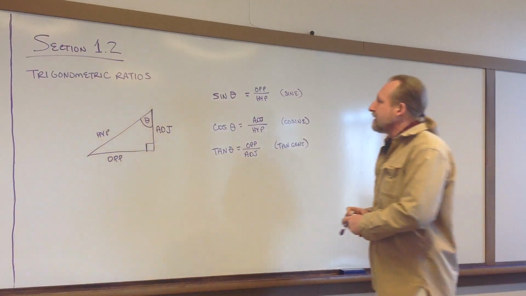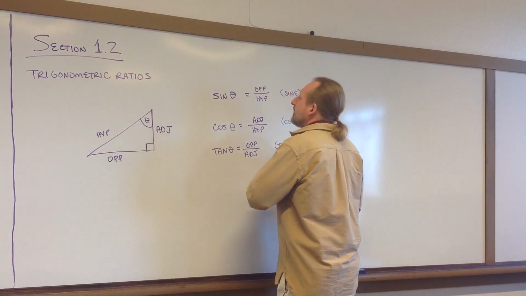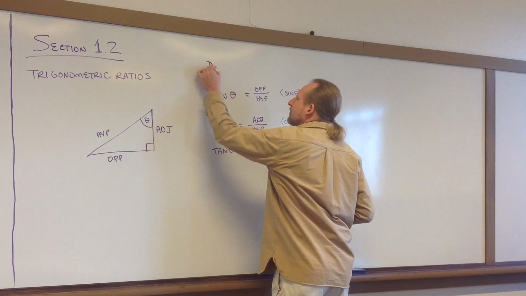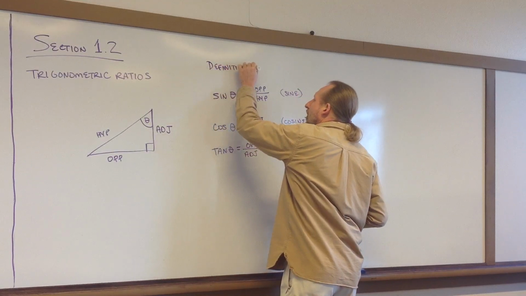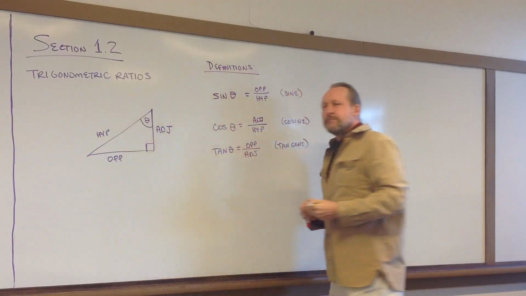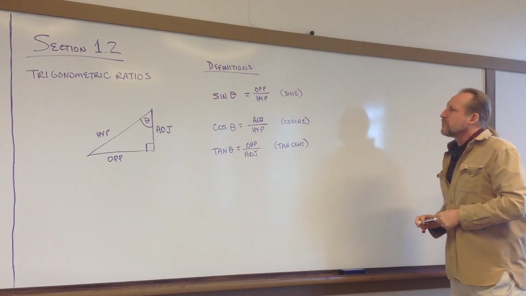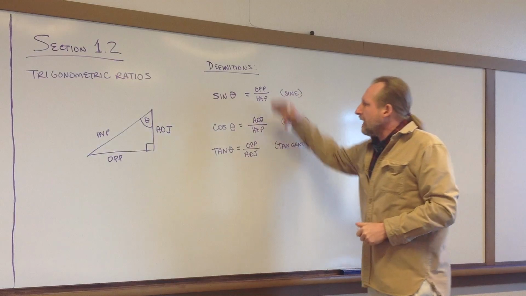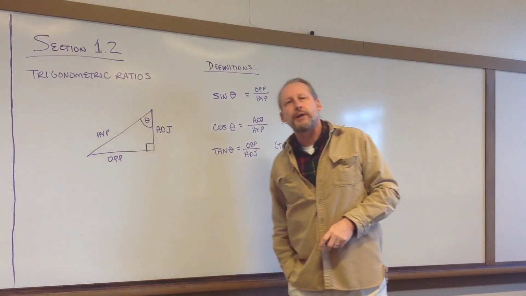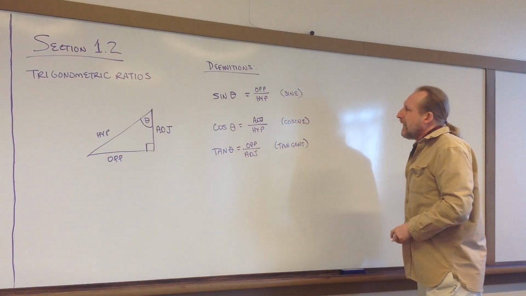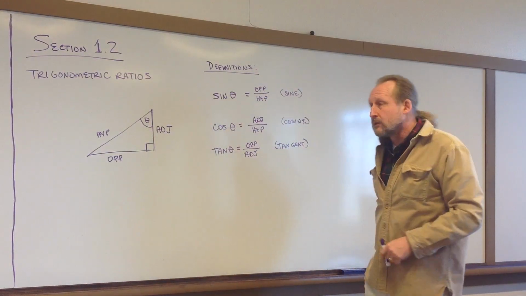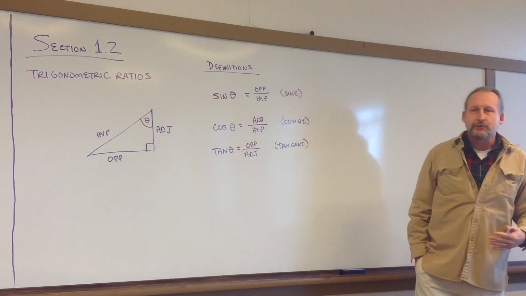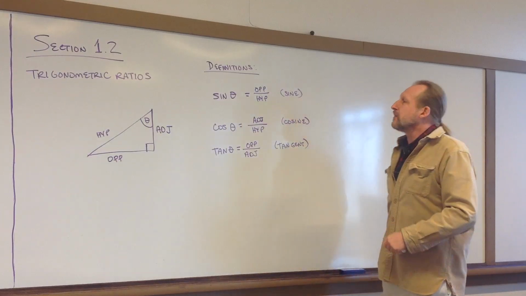So those are the definitions, and that is a big deal in mathematics, because once you define something, then you can build on it. These are definitions, and they're calculations. Really, the whole point of this is to establish these values for particular angles, and then save yourself the trouble of recalculating them later on.